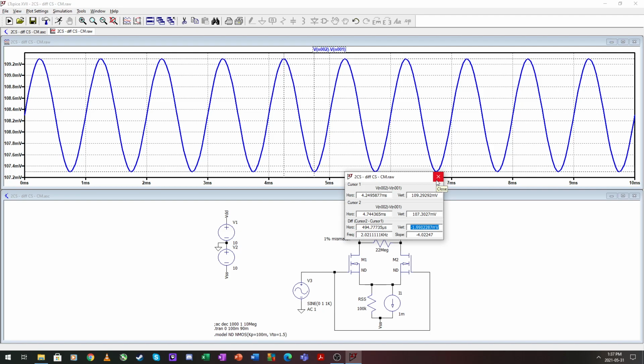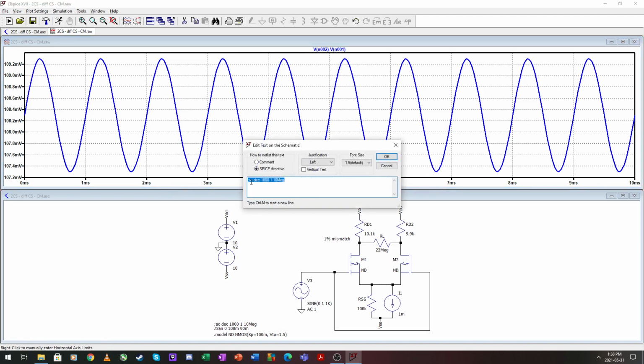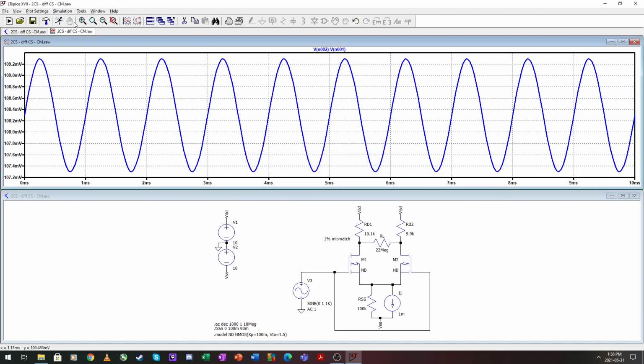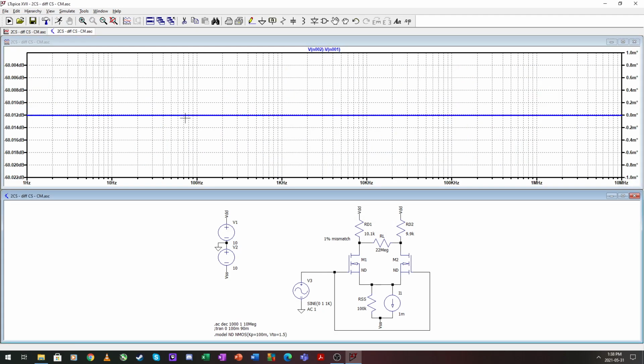So that is our common mode gain. Right, so 2 milli peak to peak out, 2 volts peak to peak in. Common mode gain, you can also do this using the AC analysis right here. So if you run our AC analysis, you will get our common mode gain at minus 60 decibels. So that is 0.001, which is 1 millivolt per volt. Right, so this is with a 1% mismatch.